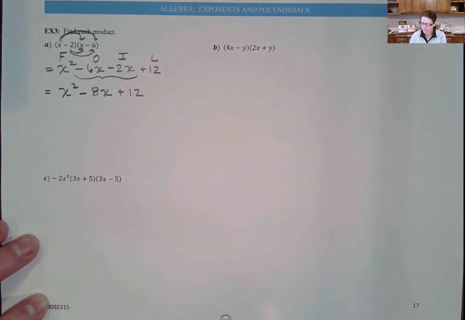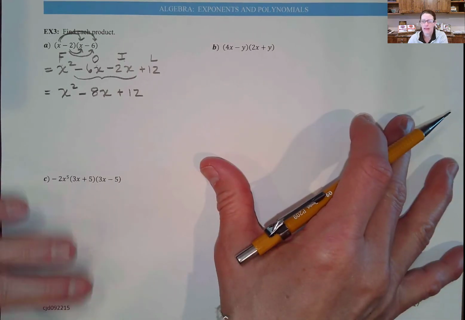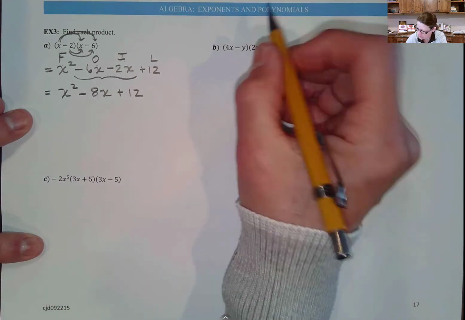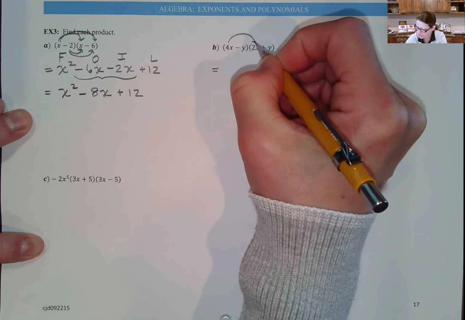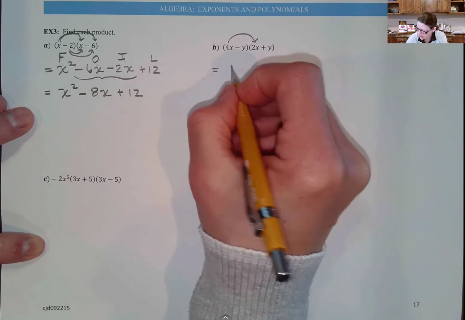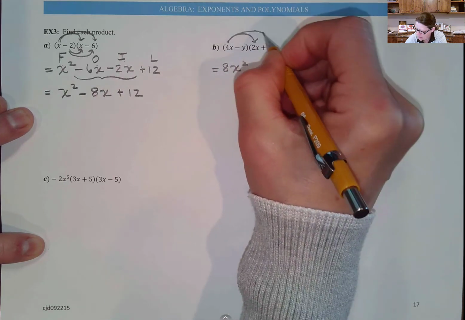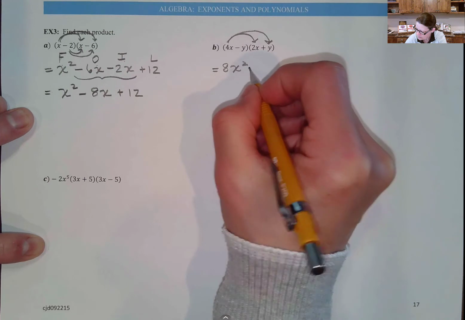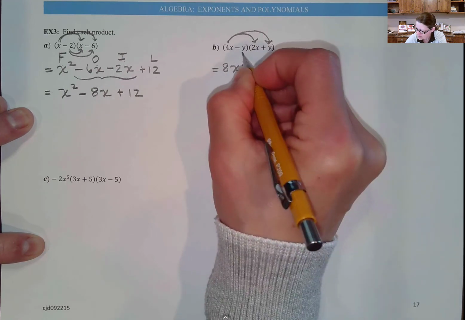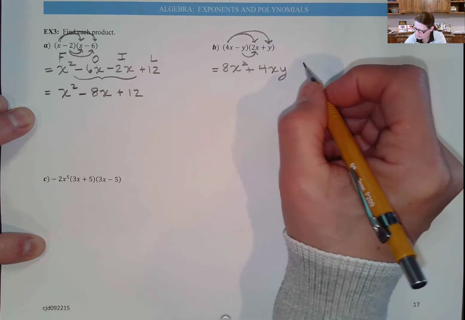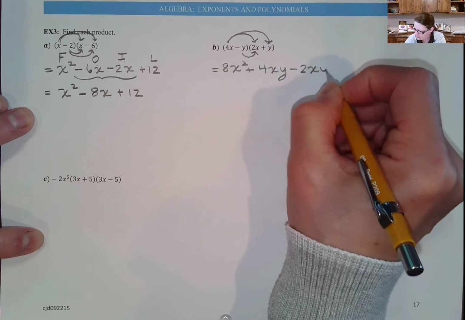In part B, we're again going to multiply binomials, and I'm going to use that FOIL method, multiplying our first terms. 4x times 2x is 8x squared. Our outer terms, 4xy. Now we move to our inner terms, our inner product, minus 2xy.